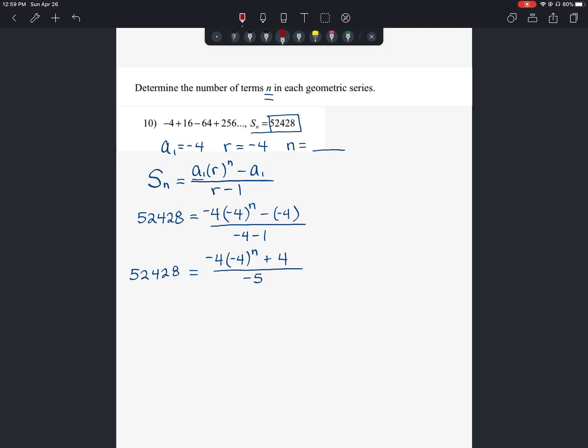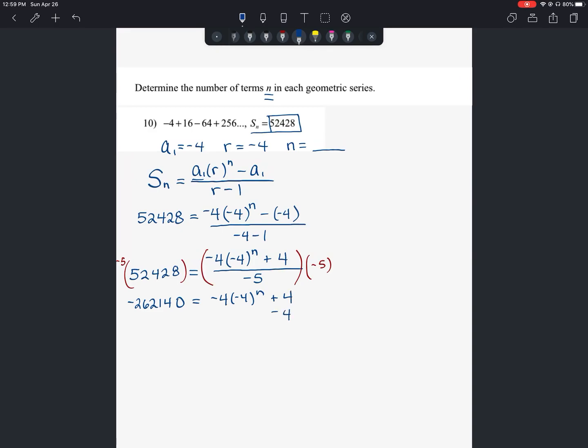Now let's get rid of the -5. So we're going to multiply each side times -5. And after we do that, we should have -262,140 is equal to -4 times a -4 to the power of n plus 4.